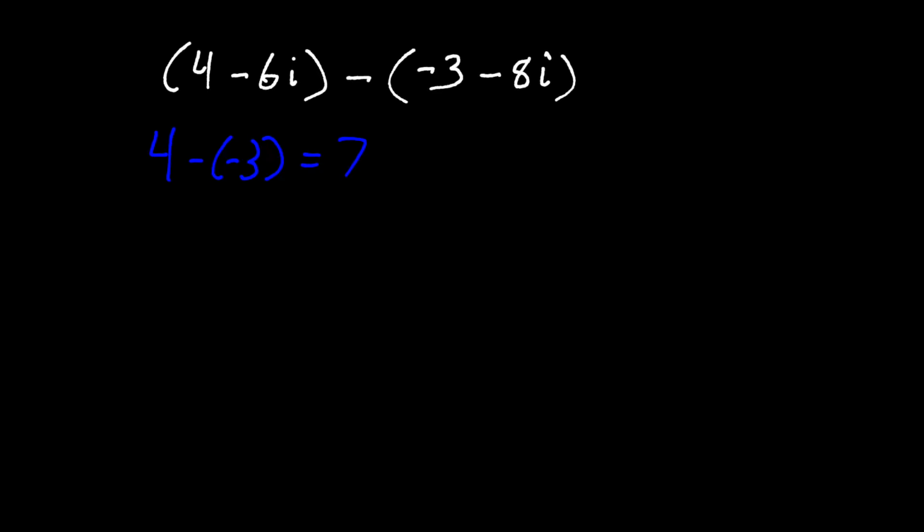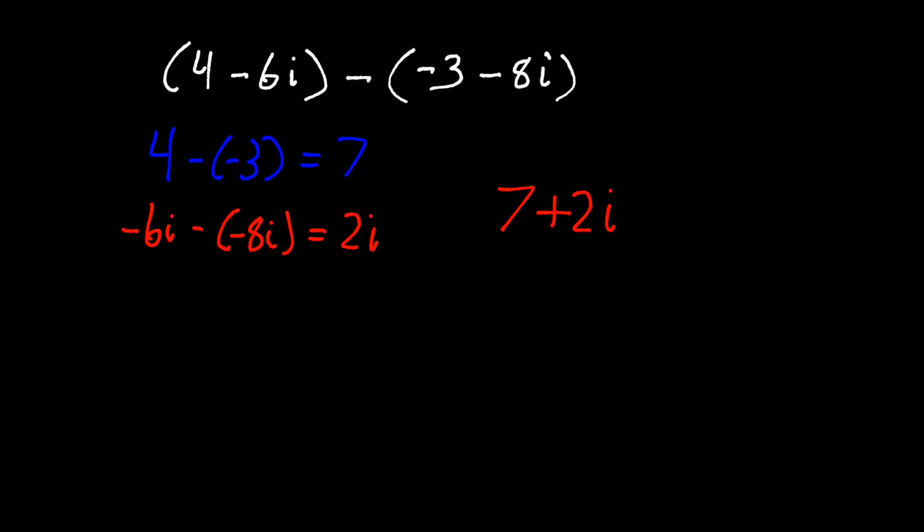And then we'll take our imaginary components, negative 6i minus negative 8i. Negative 6i minus a negative 8i is a positive 2i. And our difference here would be 7 plus 2i. And there we have it. We have successfully added or subtracted complex numbers.